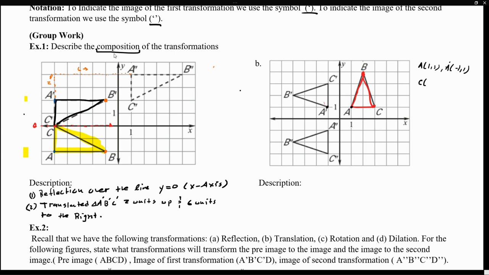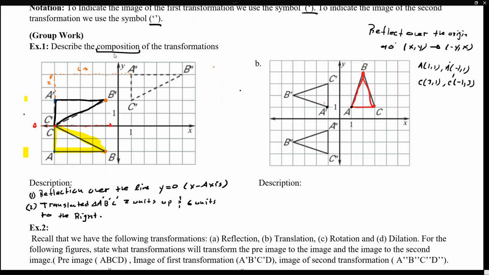C is 3 comma 1, where C prime is negative 1 comma 3. And I feel like at this point you can start seeing the change, because remember that when we rotate over the origin 90 degrees, every single coordinate point gets moved to negative y comma x, which is exactly what's happening here.